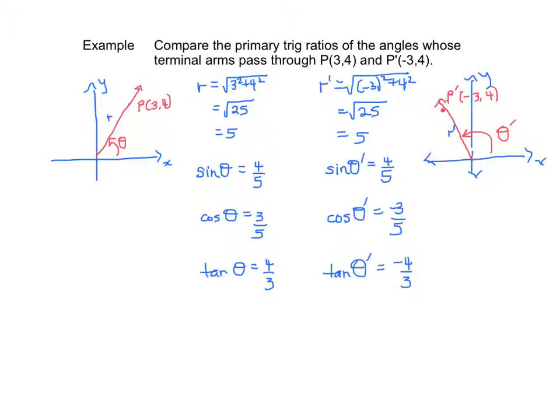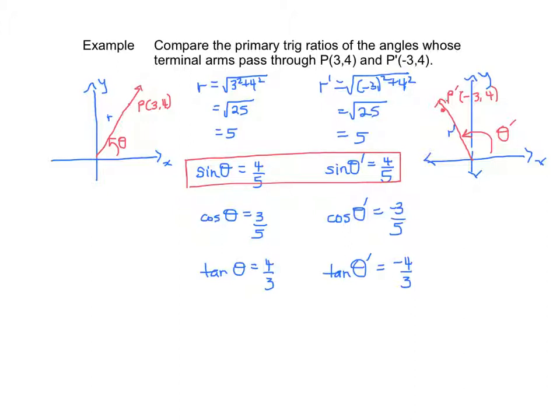So in comparing the two, what we see is the sine ratio stays the same. So whether we're looking at angles in quadrant 1 or quadrant 2 for related angles, okay, so angles that have the same acute angle between their terminal arm and the positive x-axis as these two would, we call those related angles.